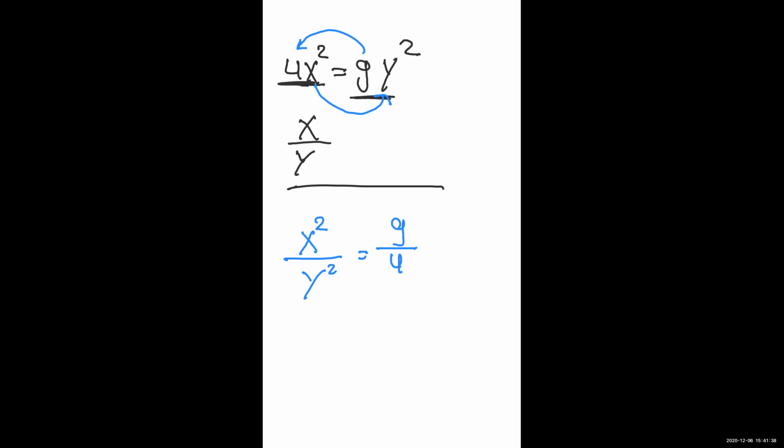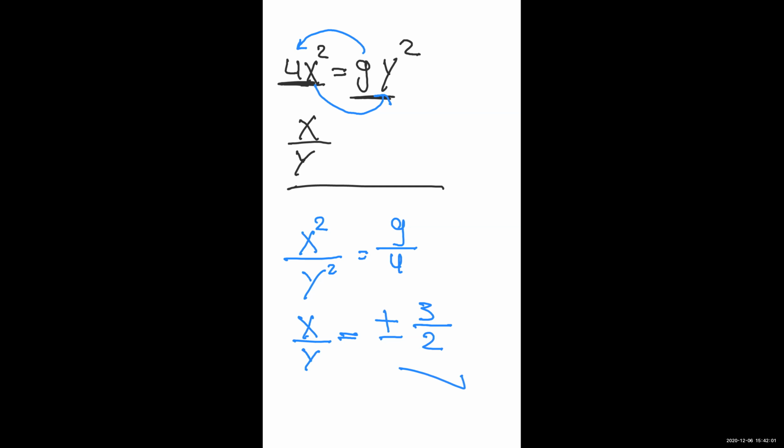Then get the square root of the whole terms. x over y will equal positive or negative 3 over 2. So the right choice for the first question will be letter C.